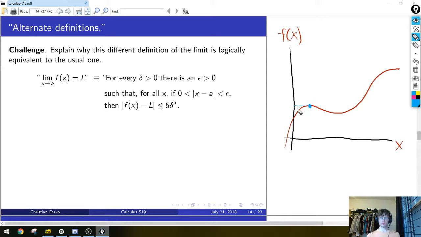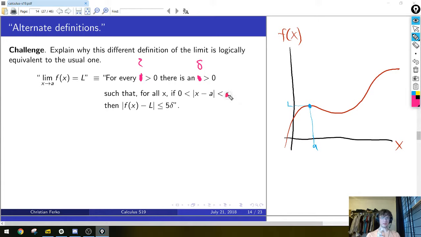Well, I know that the different order of for every delta greater than 0, there's an epsilon greater than 0, is still equivalent because epsilon and delta are just, what's the proper name? Dummy variables, placeholders, etc. So I'll just go ahead and replace those because these are dummies.